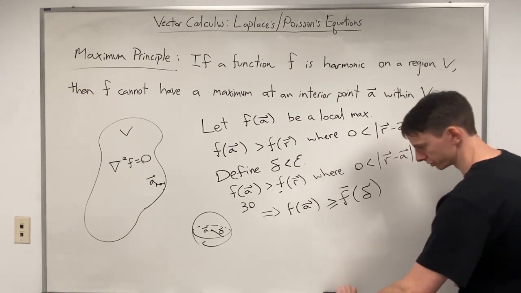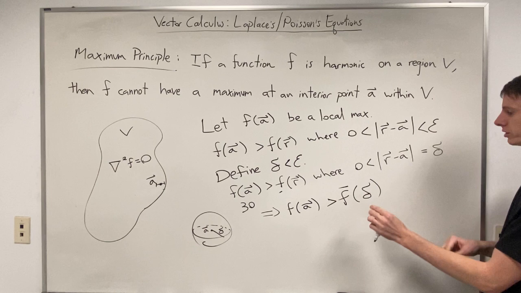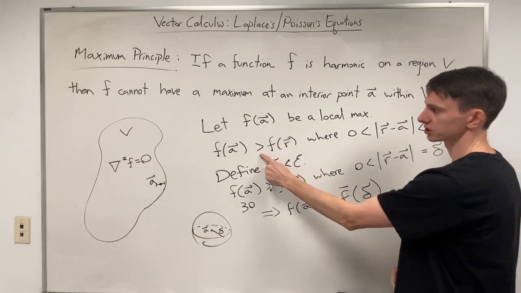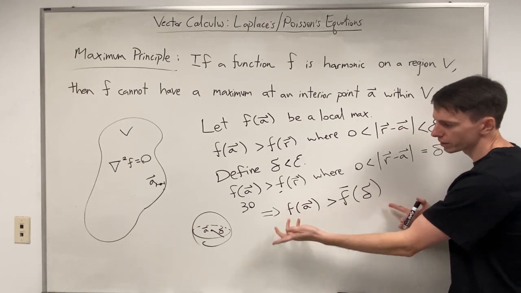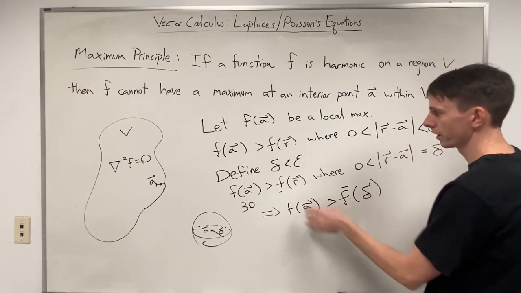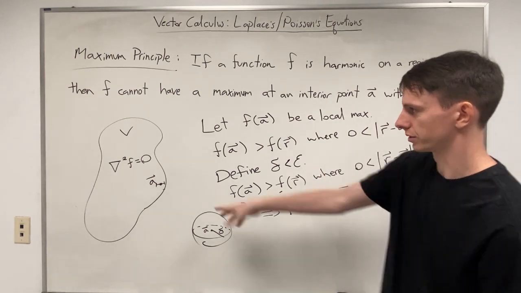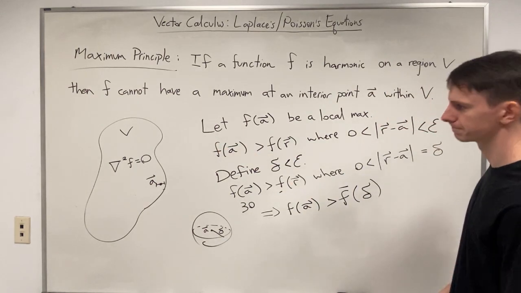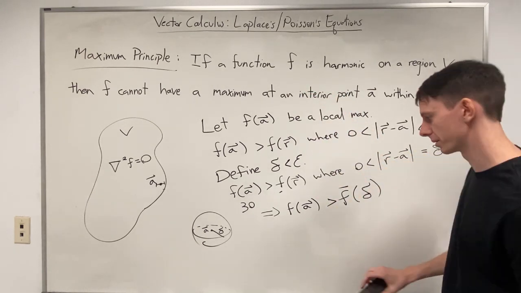We never had this. This was always a strict inequality sign that originally came from this part of the definition for the local max. So there's no way that this can be true with the mean value property being true. Therefore this is wrong, and therefore our original assumption of f of a having a local max within V was also incorrect. And that would prove the maximum principle, and by similar logic, the minimum principle.